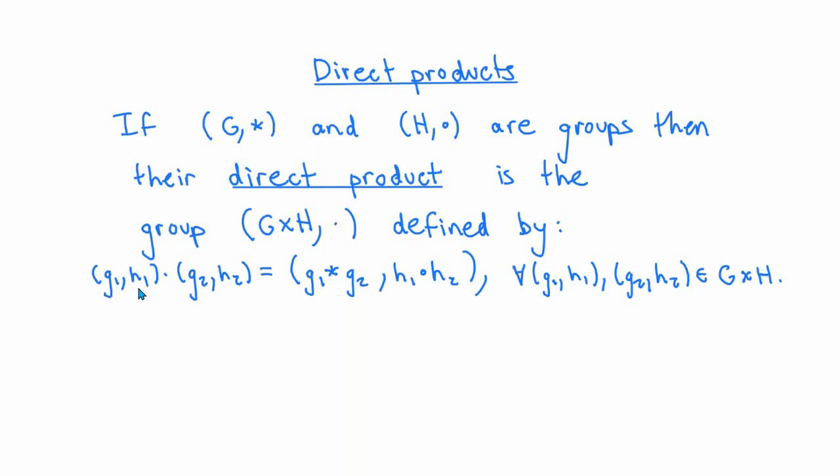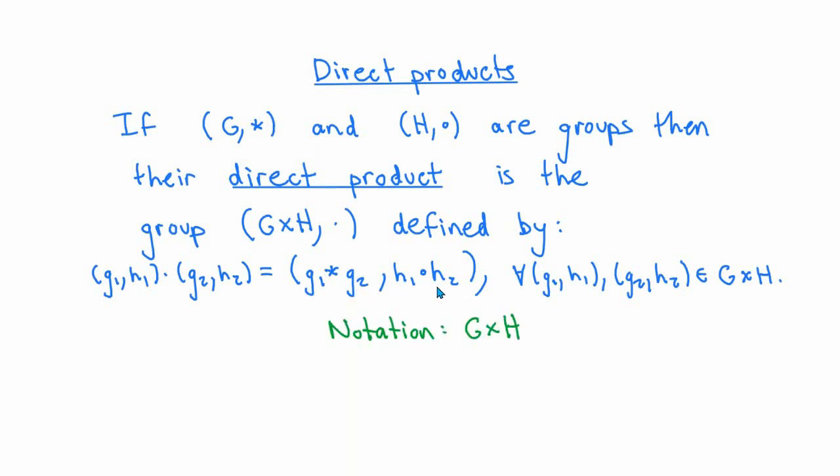For any two elements of the Cartesian product of G with H, (G1, H1) and (G2, H2), (G1, H1) dot (G2, H2) is defined to be the new element of the Cartesian product whose first entry is G1 star G2 and whose second entry is H1 circle H2. In other words, the group elements in each of the individual components of the Cartesian product interact with each other using whatever binary operation is defined on that group.